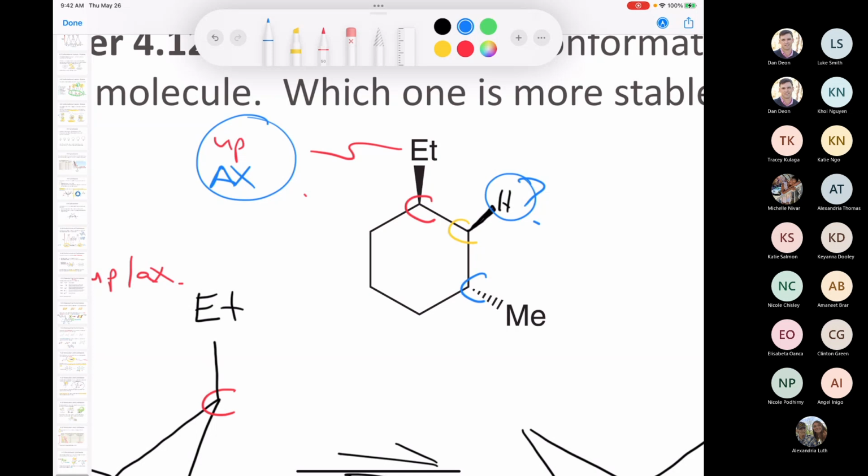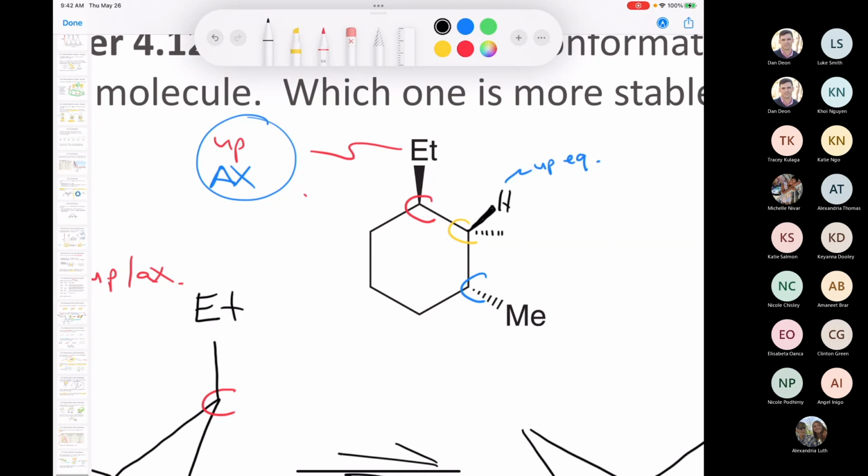So if the hydrogen is on a wedge, that means it's coming up, so it's going to be up and equatorial. And that means that the other hydrogen, the one that's going down, let me use my black pen. Here we go.